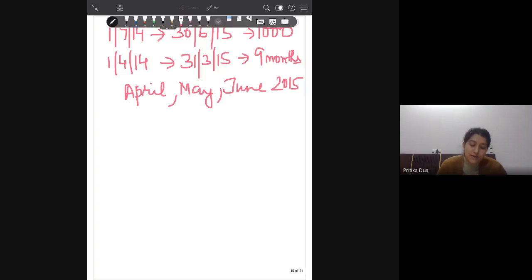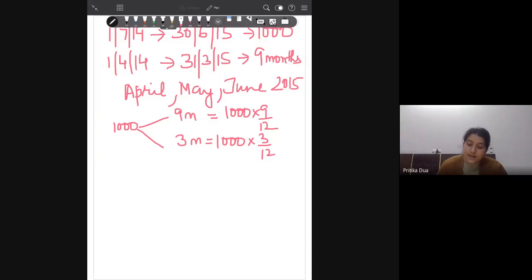So now if I divide 9 months and 3 months, you are getting 750 as the insurance premium relevant to the current financial year and 250 is related to the next financial year.